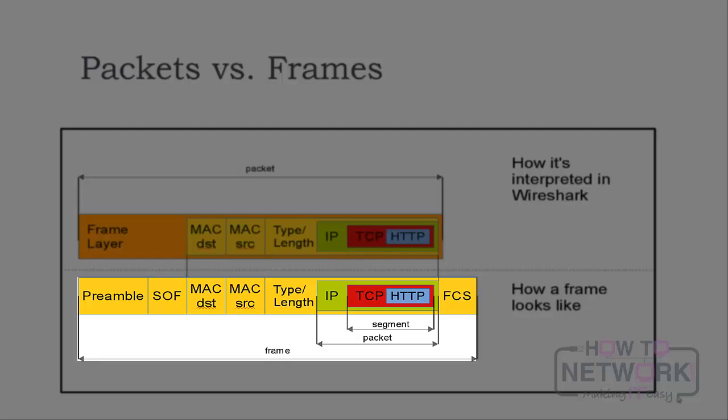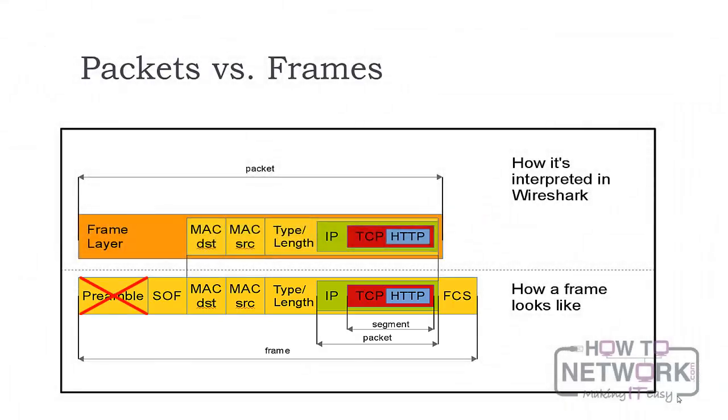In Wireshark, they're interpreted a little bit differently. The Ethernet preamble and starter frame delimiter cannot be captured because the capturing starts right after the starter frame field comes. The checksum is missing because the network interface card drops all the frames with wrong frame check sequence, but the right ones are stripped off.